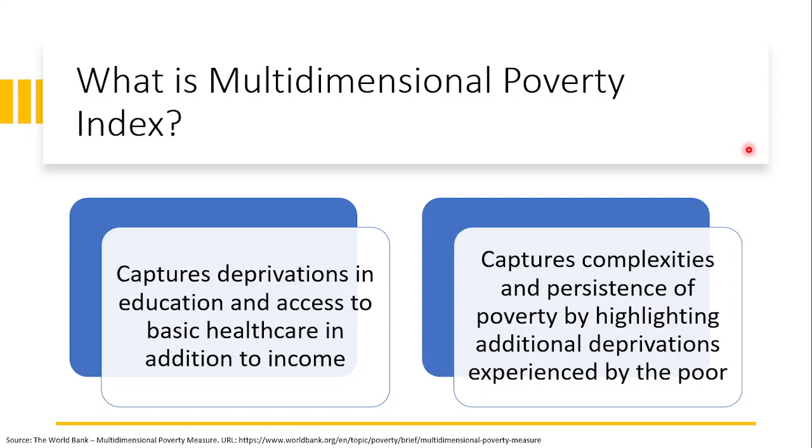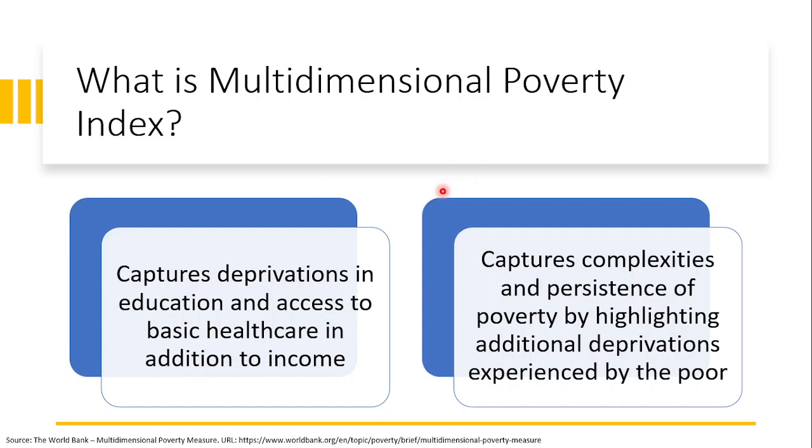Even if someone has a decent amount of money, if he or she is living in areas which are affected by climate change, then they may be rich in the technical sense, but they are not actually rich. So we need to measure other deprivations, things that they are lacking, in terms of, let's say, education or access to basic health care in addition to income.